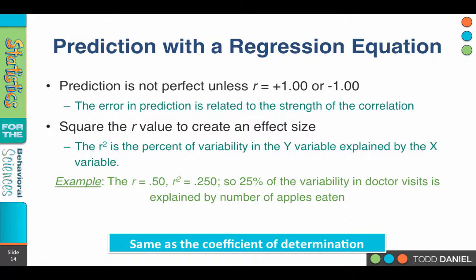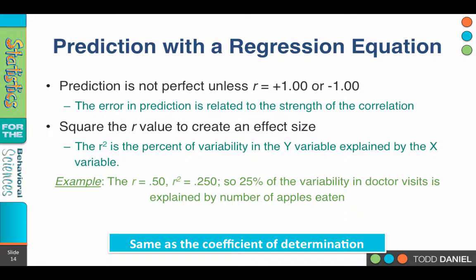Now, as we learned with correlation, we can square that R value to create an effect size. The R squared, or the coefficient of determination, is the percent of variability in the Y variable that is explained by variability in the X variable. And this will become important as we interpret our regression equation. So, if we have an R of 0.50, if we square that value, the R squared would be 0.25.